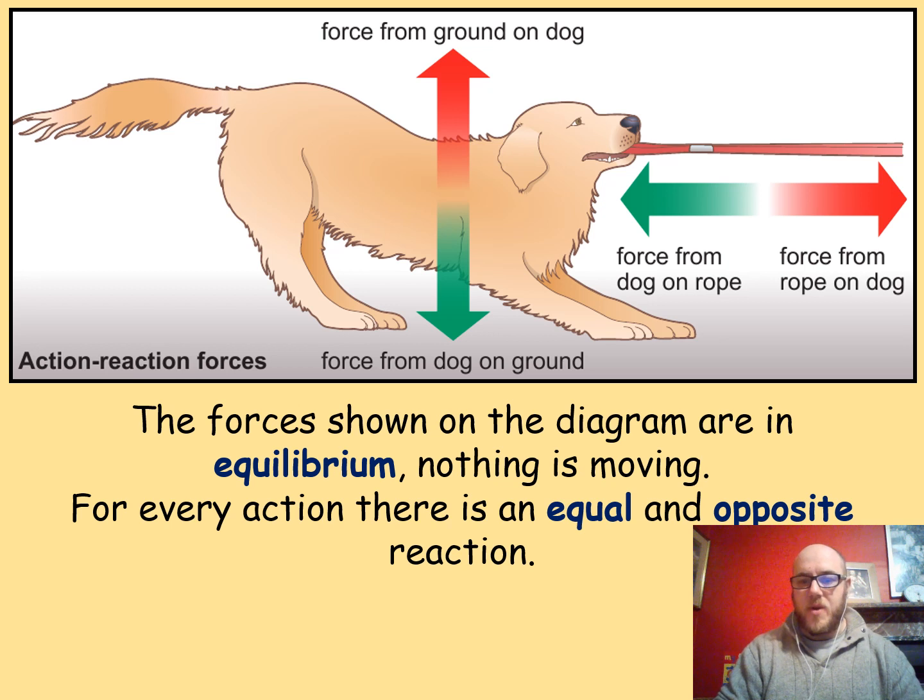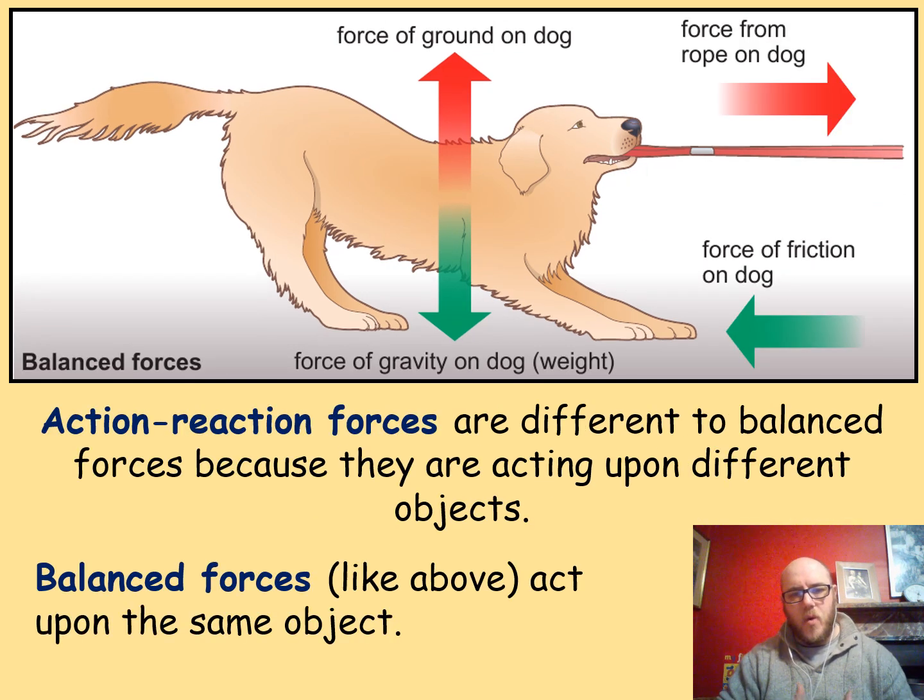Now, same with the rope. The dog is pulling on the rope, the rope is pulling on the dog. So the force from the rope on the dog is opposite to the force from the dog on the rope. So for every action, there's an equal and opposite reaction. Newton's third law. Simple. However, when we think about one object, for example, the dog, we think about all of the balanced forces on the dog.